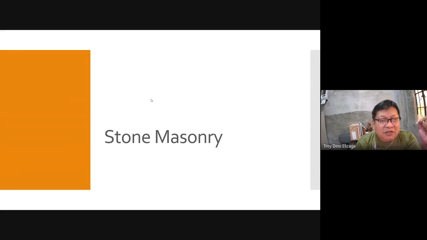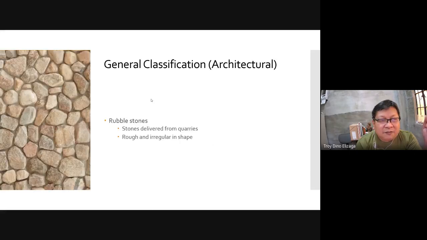So let's talk about stone masonry, using all of this in construction. There are four general classifications in the notes given by Architect Behe. One is rubble stones, stones delivered from quarries, rough and irregular in shape, like this one.